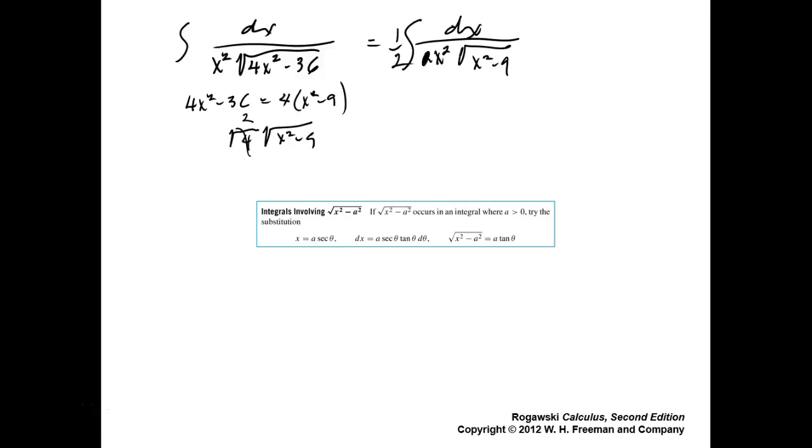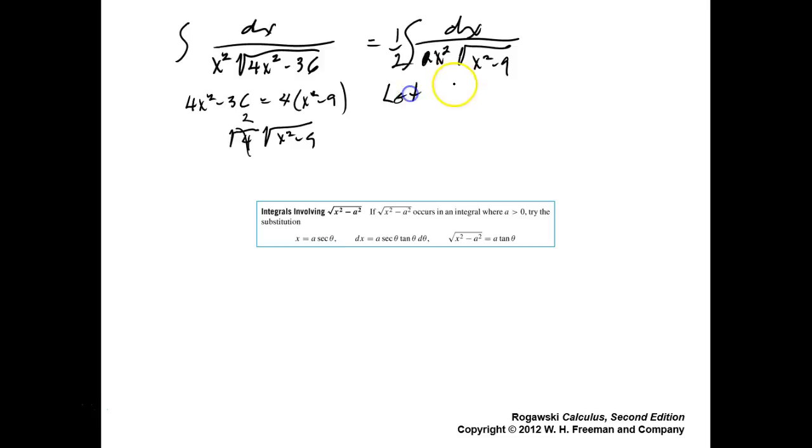Now, I still haven't seen a form quite like that. And I almost guarantee you no regular substitution is going to work. No integration by parts is going to work. And it's not got trig powers in it, so not that, but the trig substitution will. What did you suggest?